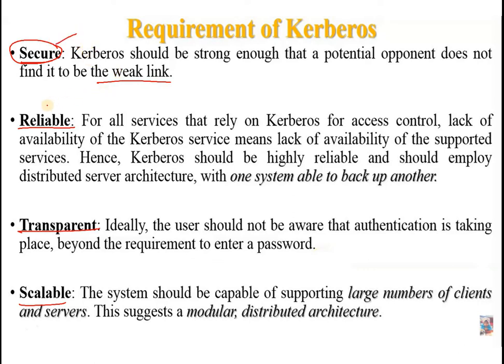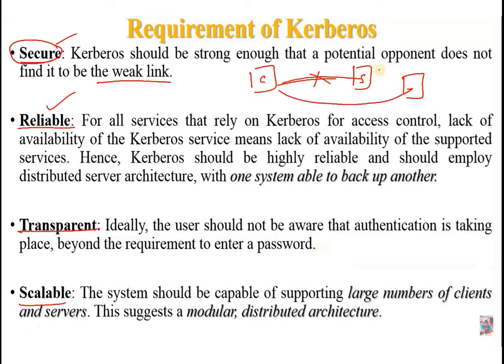We also require reliability from the Kerberos. Consider there is a link between client and server, and if this link is not available, or by any means this service is not available between the client and server, we should have one backup server, so that whatever the client requires from the server, we can provide it through this server.